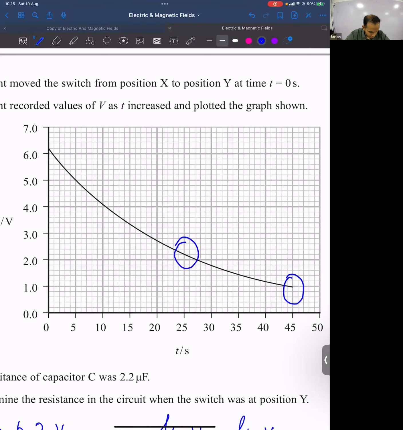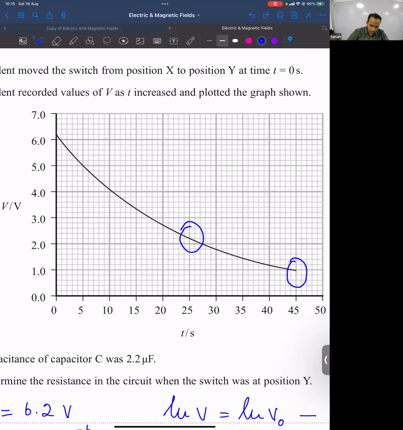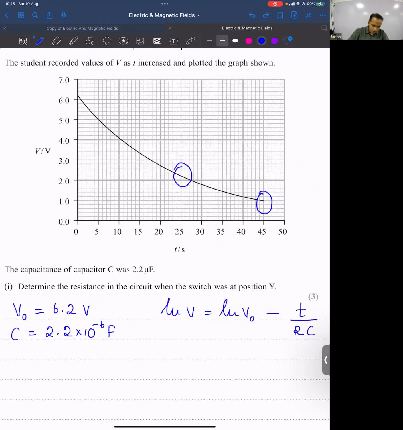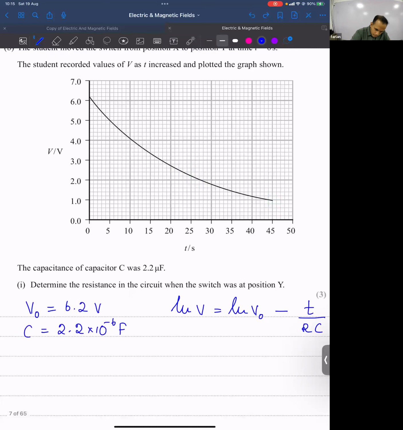Out of the points available, for me, 25 and 2.2 looks perfect. It's perfectly passing through that point. 30 and 1.8 is also okay. So I'm going to choose this point.